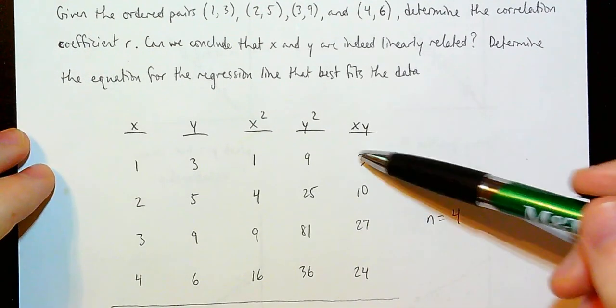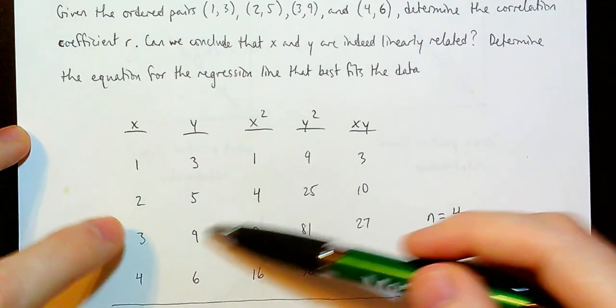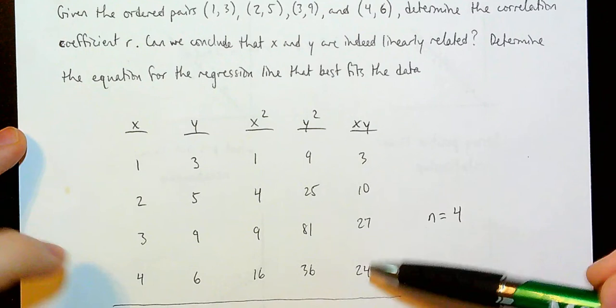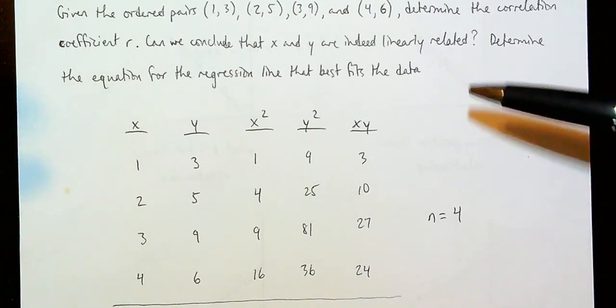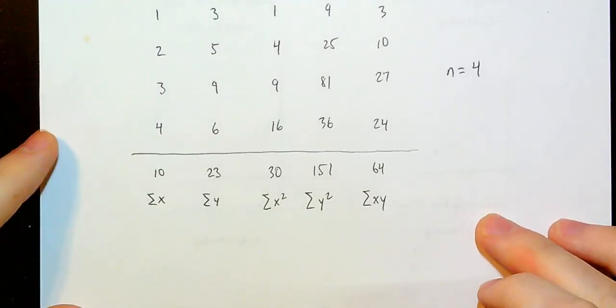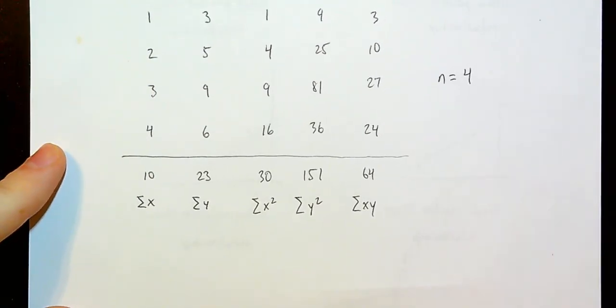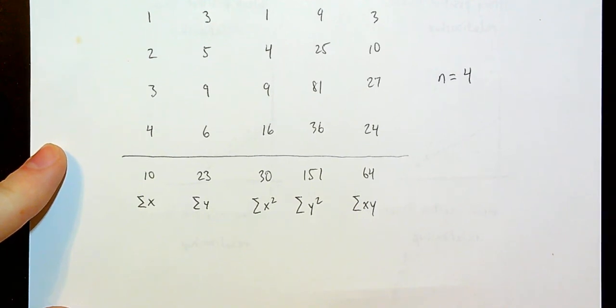And then take the product of the x and the y values: 1 times 3, 2 times 5, 3 times 9, and 4 times 6. Add all these things up, and you get those sigmas. You get those sums of x, sum of y, sum of x squared, sum of y squared, and so forth. All those things that we're going to need to substitute into our formulas.